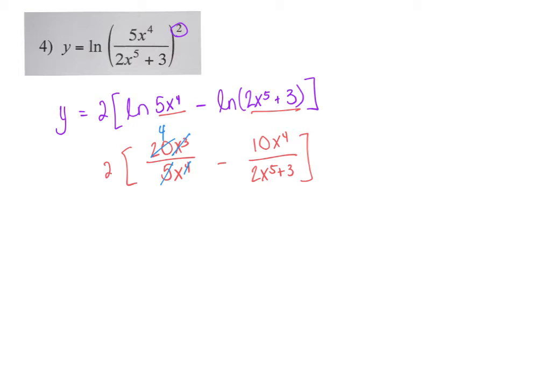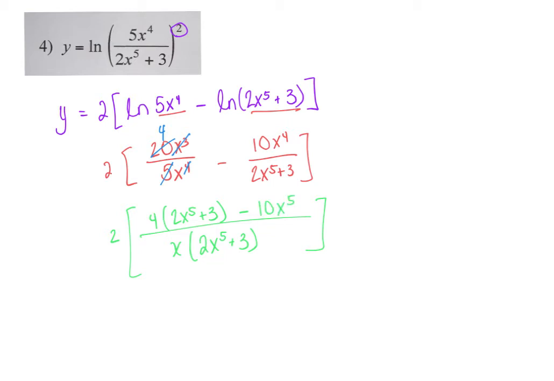Then get a common denominator. So my common denominator is going to be x times 2x to the 5th plus 3. I still have this 2 out here, I'll deal with it in a second. I need to multiply the 4 by the 2x to the 5th plus 3, and I need to multiply the 10x to the 4th by the x.